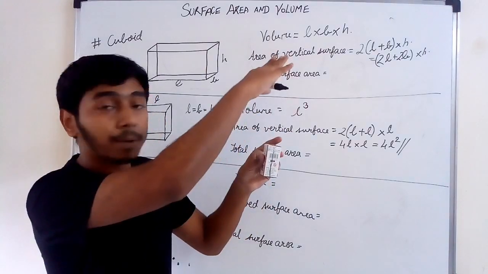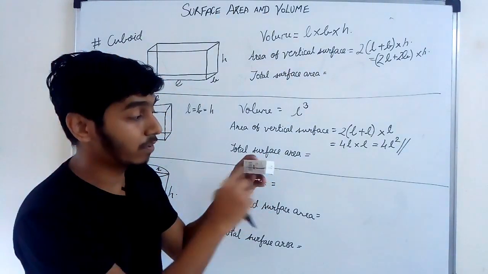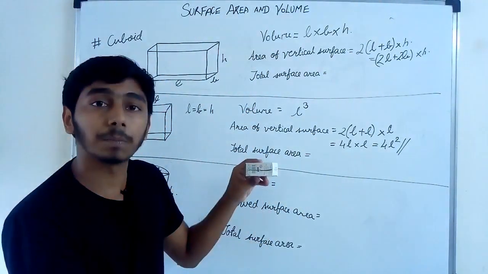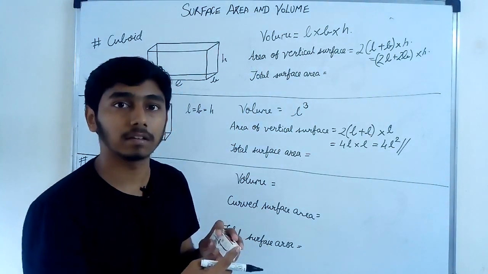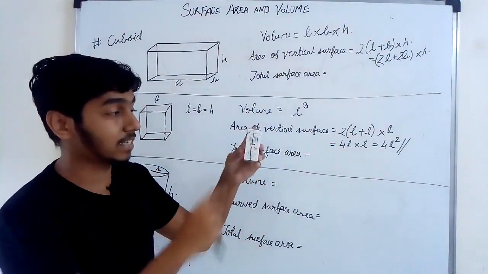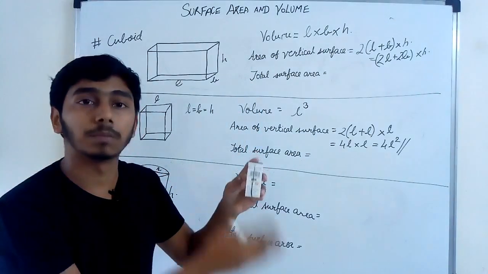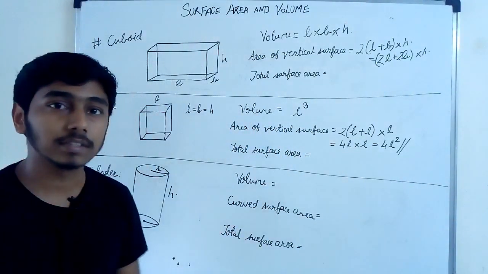So you ignore the upper part and the lower part, as we did when we considered a cuboid like this. We ignored the upper part and the lower part for finding the area of the vertical surface, correct? Therefore we'll do the same when the cuboid is kept straight. I hope you have understood this.